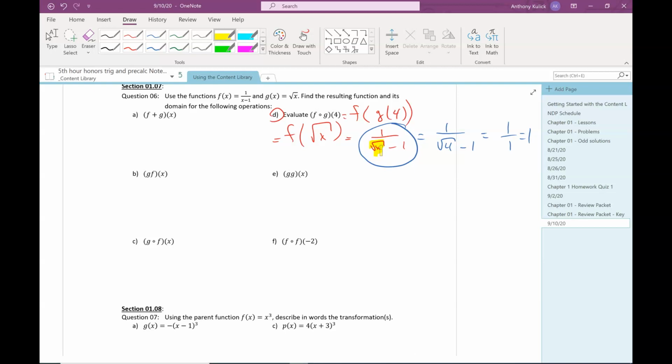When it's negative. So the stuff underneath the square root must be non-negative, greater than or equal to 0. So I'm going to take the x underneath the square root and set it greater than or equal to 0. The other place where this function could be undefined is when the denominator is equal to 0.